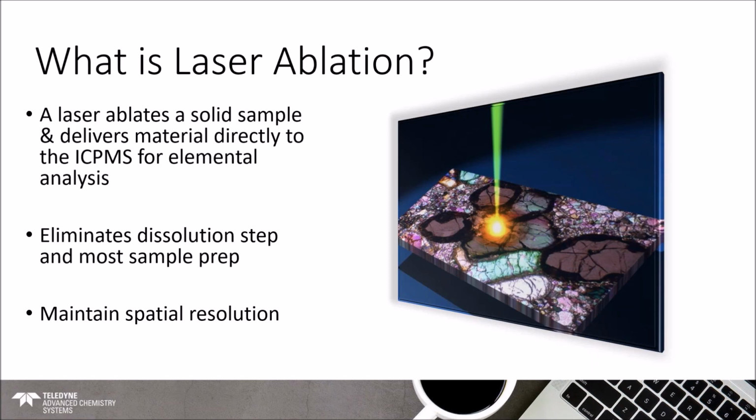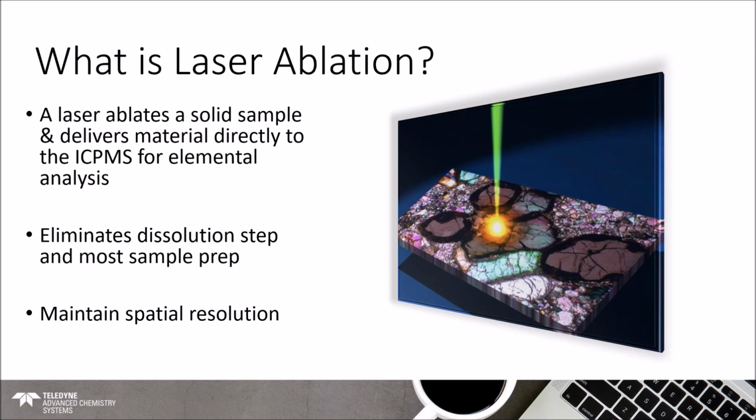So if you were to take any sample, regardless of what it is, it could be a rock, it could be a microchip or anything else, you think that if you were to take that sample and do this by traditional aqueous analysis, you would start by dissolving it and then put the resulting acid mixture into the ICP-MS. And essentially whatever was in that rock or microchip is now in one homogeneous solution that's going to be analyzed.